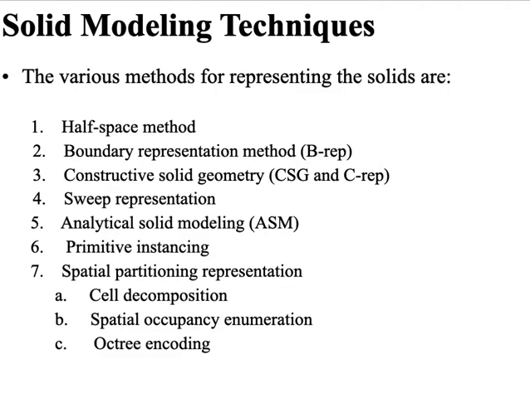And next we'll see the solid modeling techniques. What are the solid modeling techniques? There are various methods of representing solids: the half space method, boundary representation method, that is B-rep, and constructive solid geometry, that is CSG, or you can say C-rep, and sweep representation, analytical solid modeling, primitive instancing, and spatial partitioning representation.